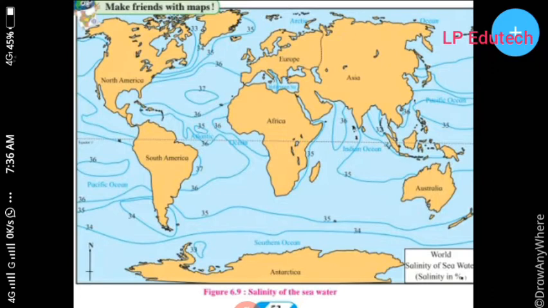You can see the 7 continents, and the salinity of seawater is given in percentage. The figures which you are able to see, 35, 34, 37, indicate the percentage of the salinity of seawater around the continents. If you observe it carefully, you can understand where it decreases and where it increases. So it is very helpful for you.